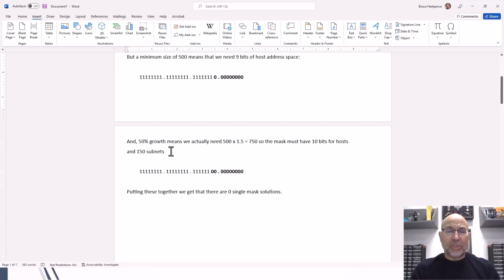The 50% growth means that we actually need 750 possible in that largest subnet. And if we were growing our subnet numbers, we'd need 150 subnets. So if we had 9 bits, now we need 10 bits for hosts, and we don't have enough for the subnets. And so the answer here is that there's no answer to this particular problem.